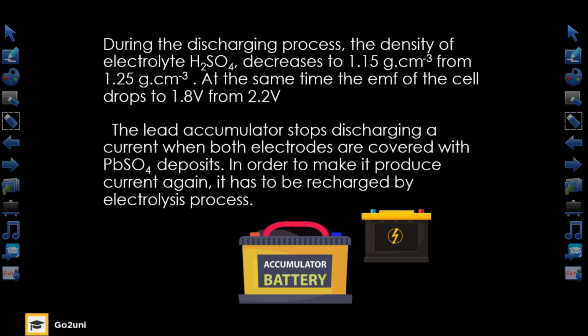Hence, to continue the discharge, it has to be recharged, and recharging the accumulator battery is by the process of electrolysis. So this is how the accumulator battery works. And with this, we come to the conclusion of everything about cells or electrochemical cells.